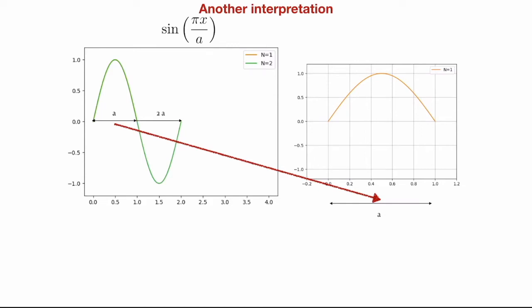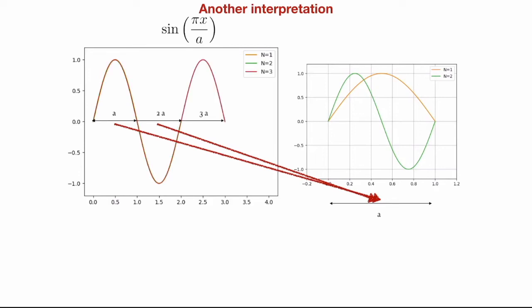Now what we do is take this interval 0 to 2a and map it to the interval 0 to a. Now we see that the entire cycle is shrunk, and we have again zeros on the boundary, and one cycle inside, all mapped into 0 to a, nicely satisfying the Sturm-Liouville boundary condition.